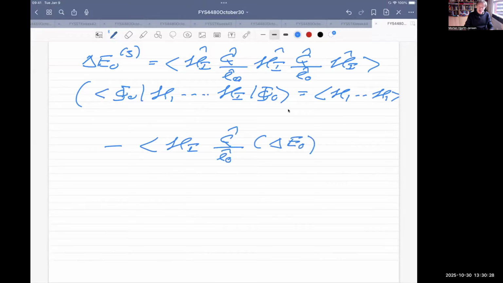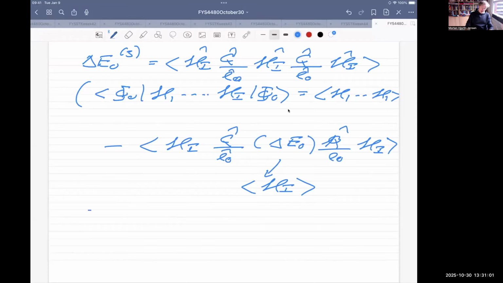But this delta E0 is a term which I'm now going to set up order by order in the interaction. So if you look back, this is going to be given by the expectation value of the ground state ansatz with the interaction. So what we have now is a new term here, which is going to be equal to Q divided by E0 multiplied with H_I.